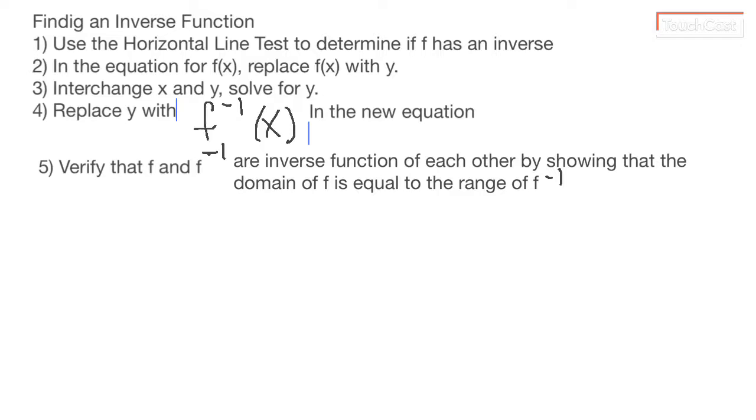And really, before I go too far, not only are we going to show that the domain of f is equal to the range of f inverse, we also have to show the range of f is equal to the domain of f inverse.